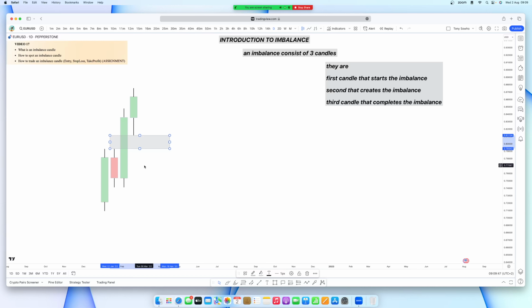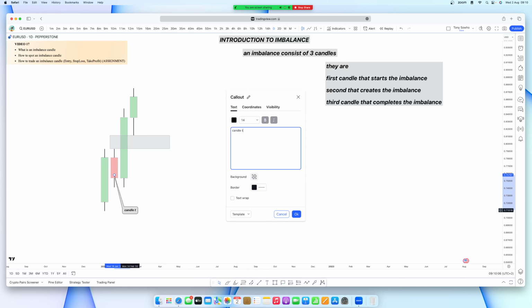And now, when I say be balanced, what do I mean? Every candle should have a wick to the left and a wick to the right. So the candle that starts the imbalance, which is candle one, as you can see, is this one here.